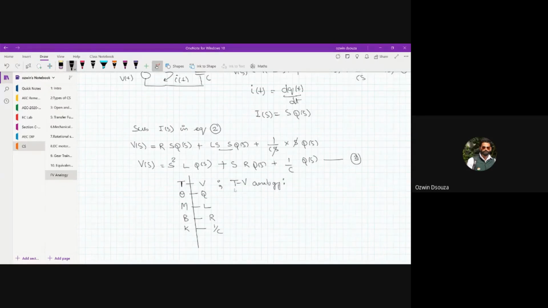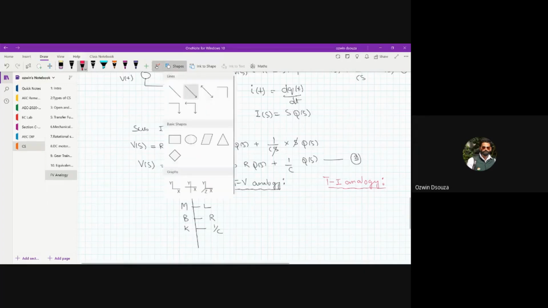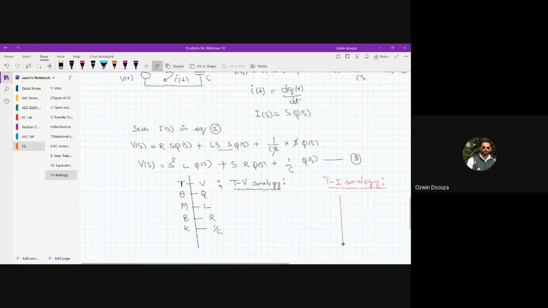TV analogy, right? In the similar manner, you can also write the TI analogy, because the discussion has already been held, right? So what do you have? In TI analogy, against torque, you will have current in your electrical system. So this is your electrical system, and this is your mechanical system.